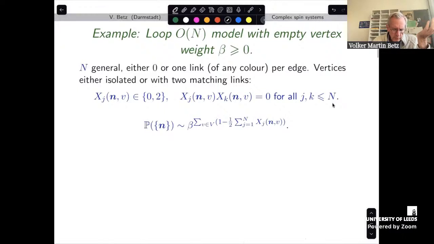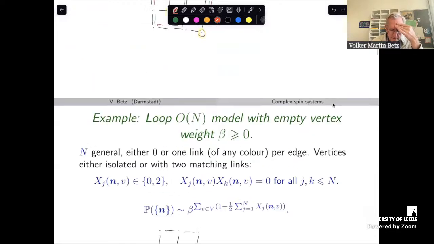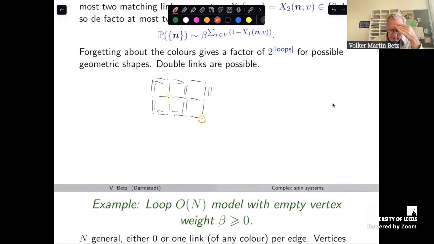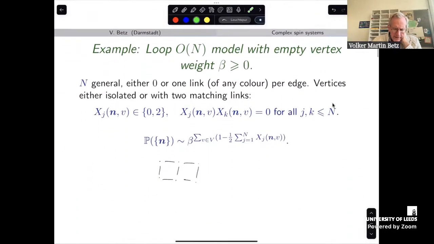That's the loop O(2) model, and the only difference is that now you don't allow these double edges. So you only have loops. This double edge, which you have here, would not be allowed in the loop O(2) model.